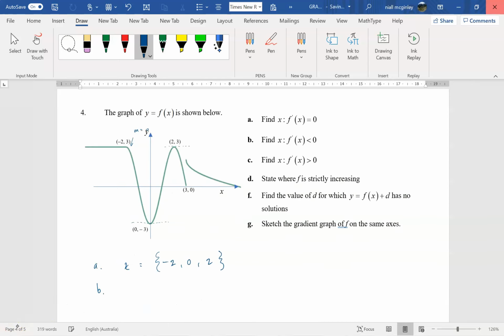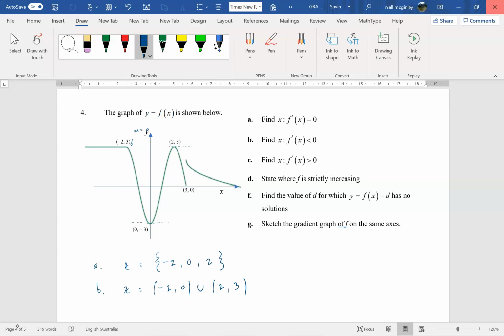For the next part, looking where the gradient's negative, we can see clearly it's going to be this section here, and the third section here. So here, where it's negative is going to be negative 2, but we're not going to include that because obviously it's 0 there, so not included. And then this section here from 2 to 3, and we won't include any of these values.